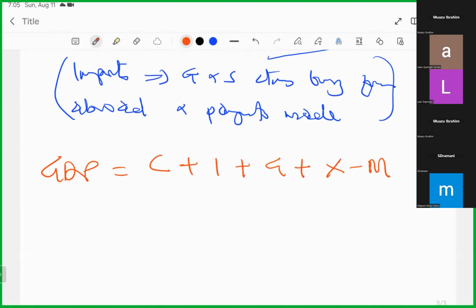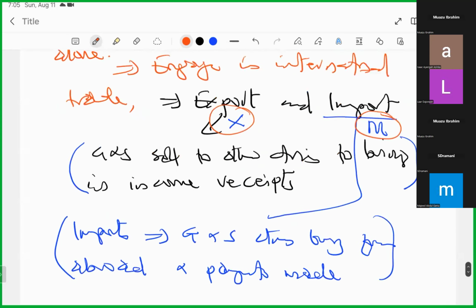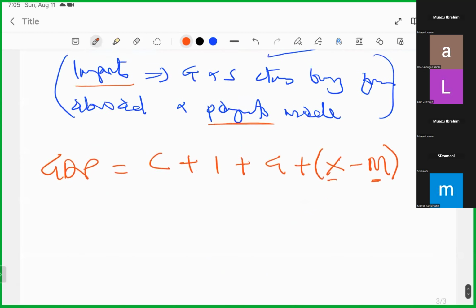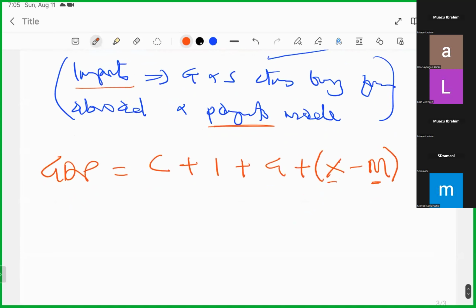Export brings in income, so we are adding it here. And imports, we make payments, so we deduct it out. So if you pick these two, exports minus import, this measures the external sector.